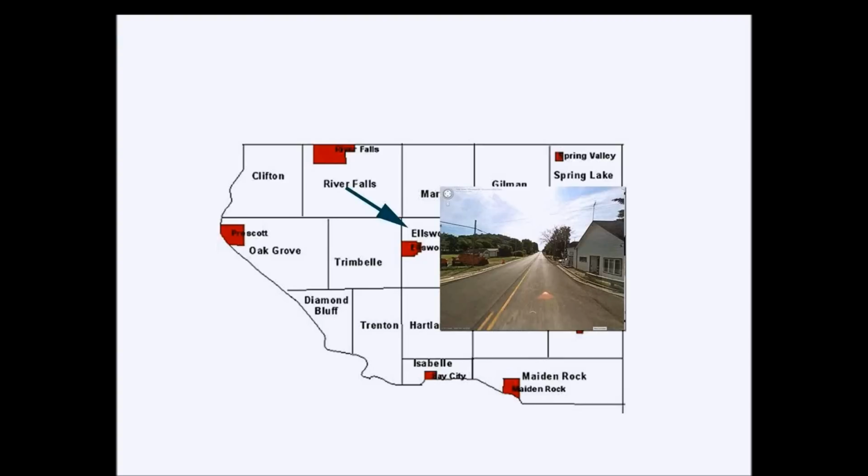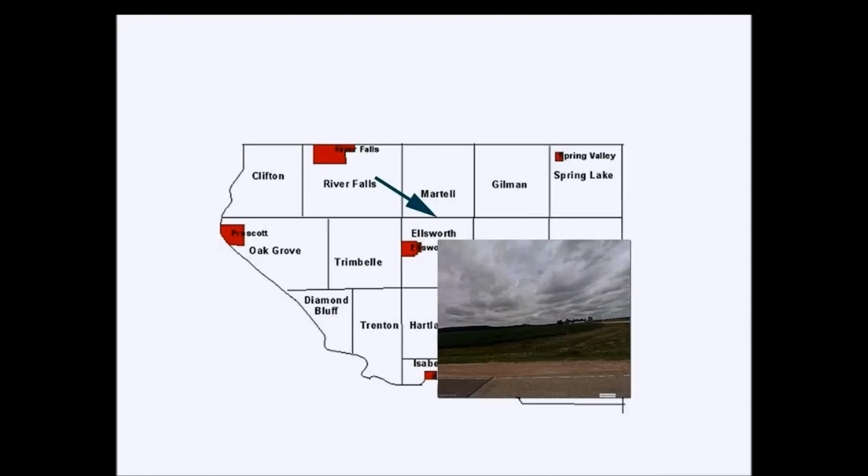But I couldn't find any of my grandmother's family, and it was driving me up the wall. It turns out that the farm that she grew up on was right on the line between Ellsworth and the township to the north, Martell. There's a picture of my grandmother's family farm. That's where the line is, which is about a quarter-mile south of where the road is.